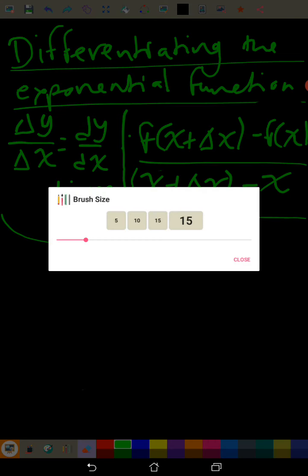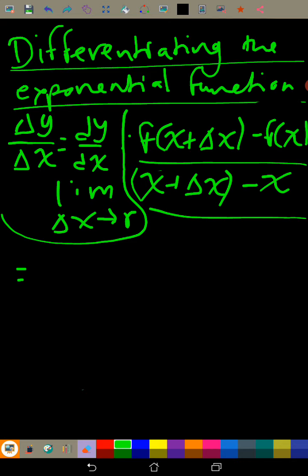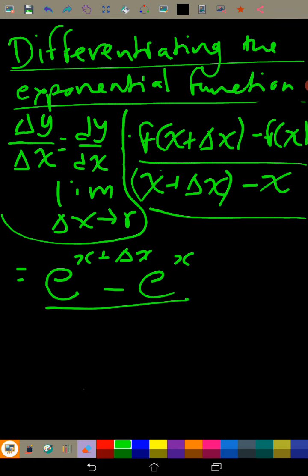So we have dy by dx is equal to e^(x plus delta x) minus e^x, over delta x. So we're using this thing, and here we have this going away, we just have delta x.